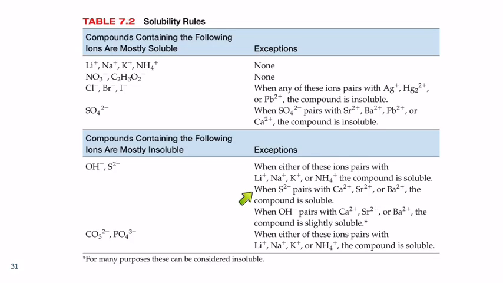Or if sulfide is with calcium, strontium, or barium, then it'll be soluble. If hydroxide is with calcium, strontium, or barium, these are slightly soluble. They'll dissolve a little bit. The asterisk tells us, for many purposes, these can be considered insoluble. And then there's carbonate and phosphate. These form insoluble compounds except with lithium, sodium, potassium, or ammonium.